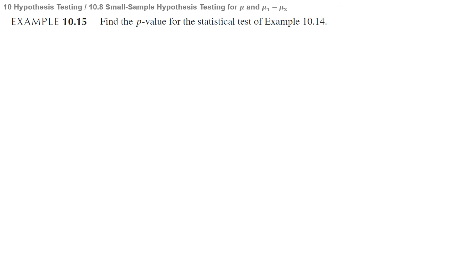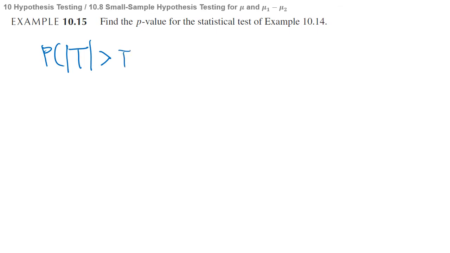And let's move on to example 10.15. Find the p-value of the statistical test of example 10.14. This is finding the probability, under the distribution of t, that the absolute value of t is greater than our observed value.